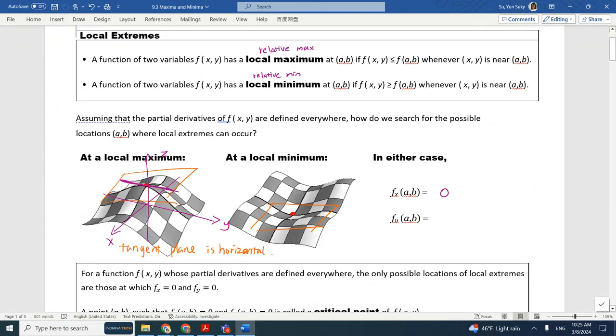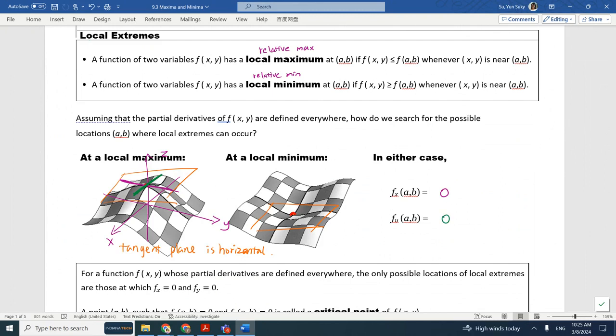On the other hand, with respect to y means your x is a constant. So you have it like that. Do you see the curve is like this? And the slope of the tangent line. This is our one-dimensional picture. This is a two-dimensional picture. When you cut it, you can see the curve here, and the tangent line is also horizontal.